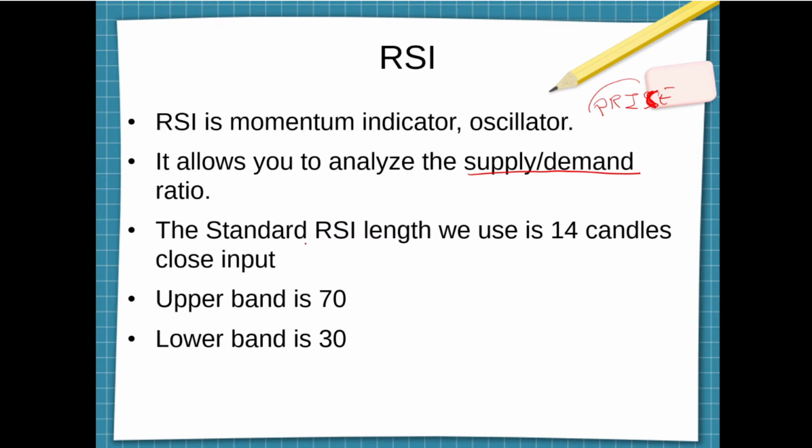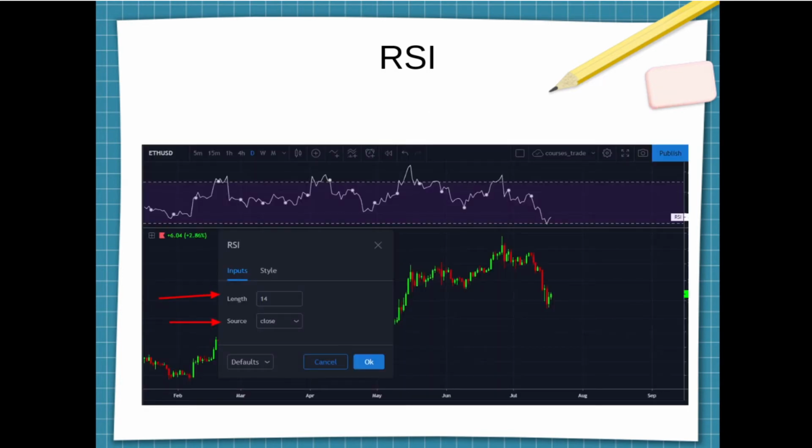Now, the standard RSI length we use is 14, with the candle close as input, okay, and the upper band is 70, the lower band is 30. Let's go over this. Okay, so this is the input.